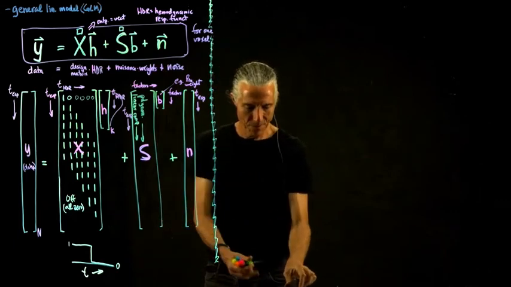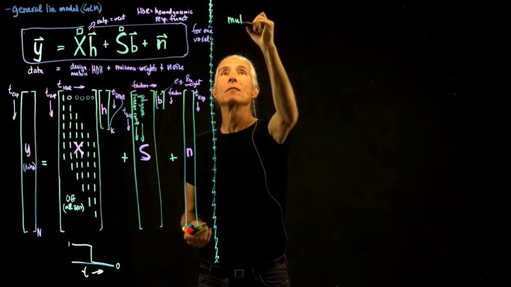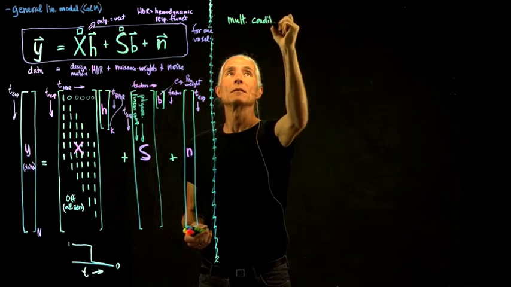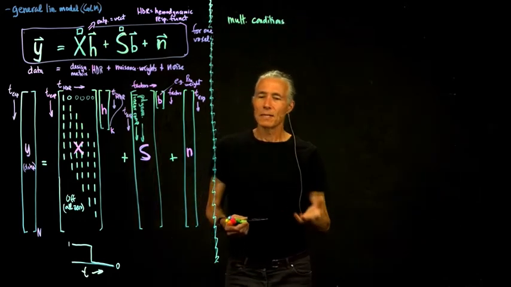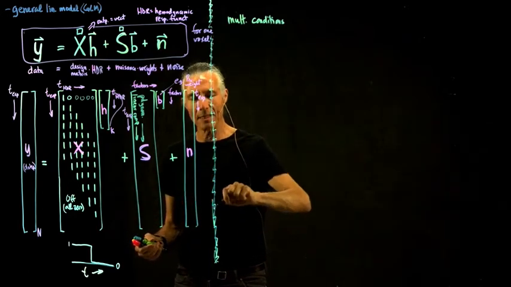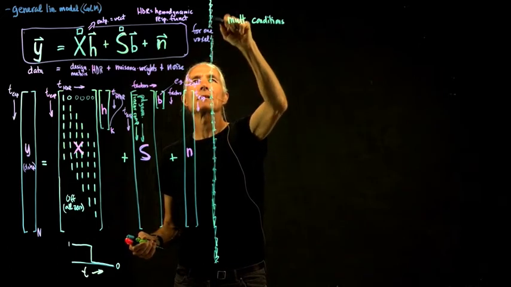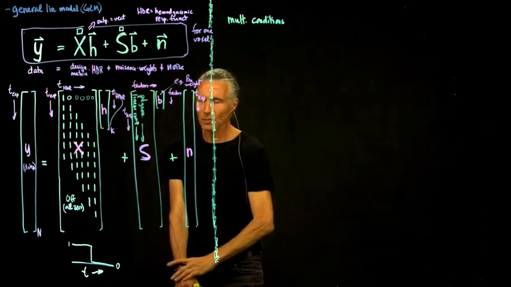So here, let's take multiple conditions. Now, there's no necessity for the conditions to be completely non-overlapping, because the general linear model is very general, and so you could have two conditions on at the same time.